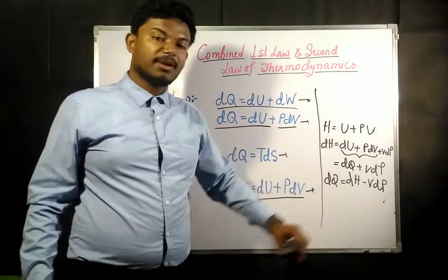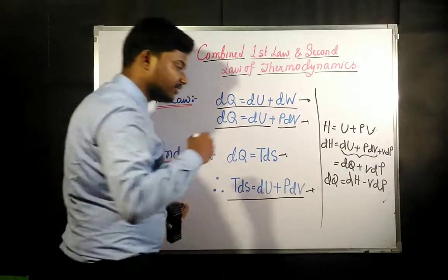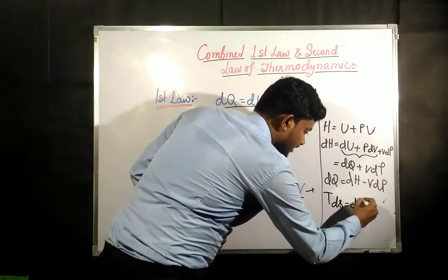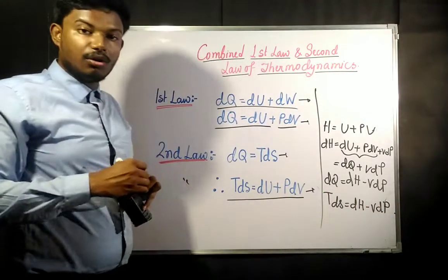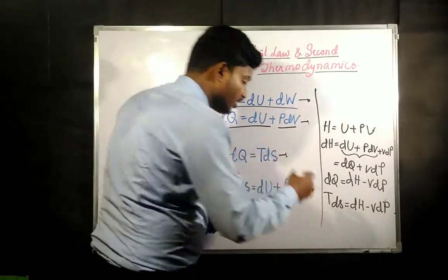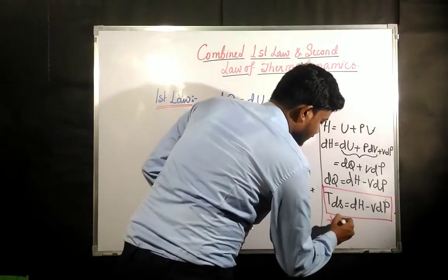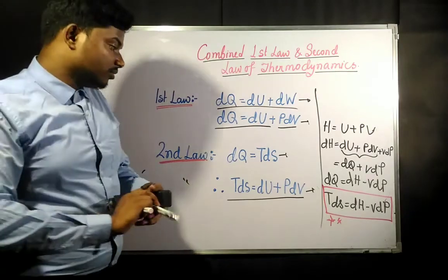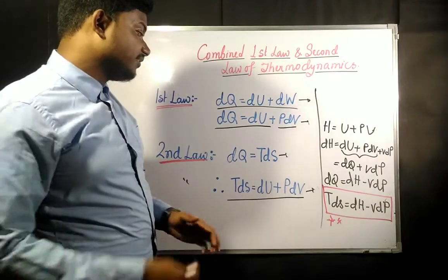Now again dq equals TdS, so TdS is going to be dH minus VdP. This is the final equation which we get after combining the first law and second law of thermodynamics, and this is again valid for reversible as well as irreversible processes.